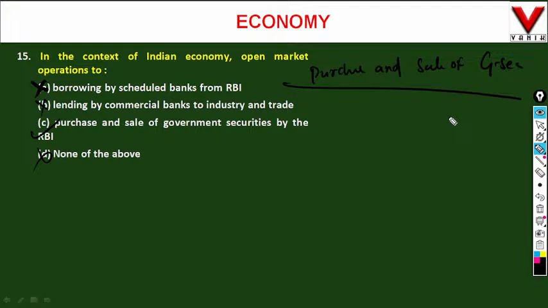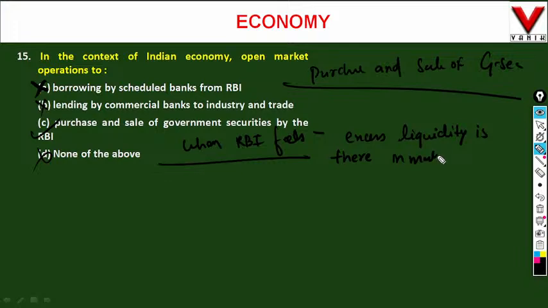When RBI feels that there is excess liquidity in the market, then what will happen?